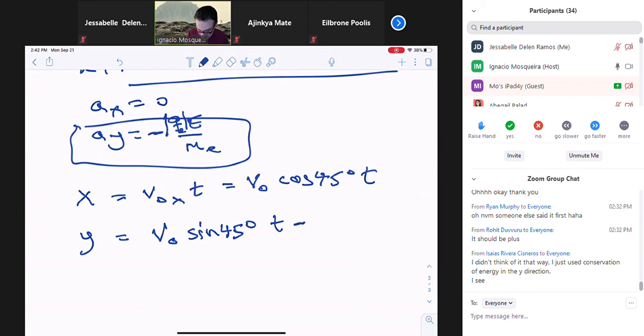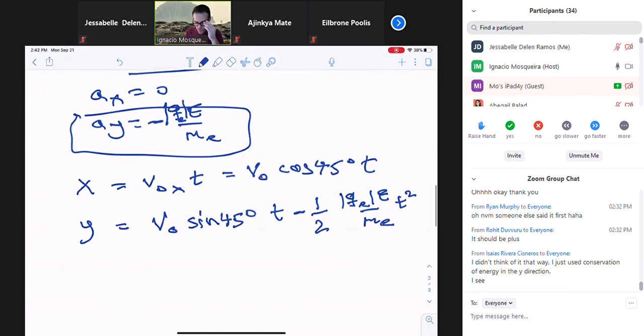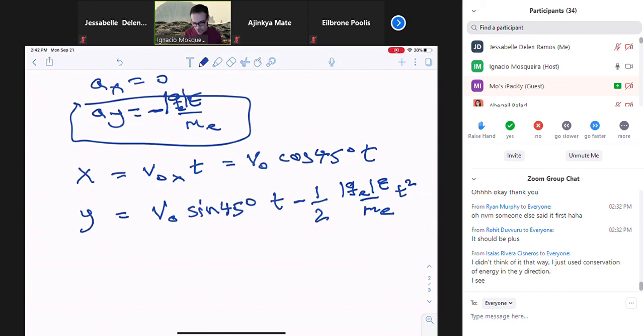So it's a minus 1/2, and then it would be QE E over ME times T squared. These are the kinematic equations for the position of the electron at any time t after you fire it.